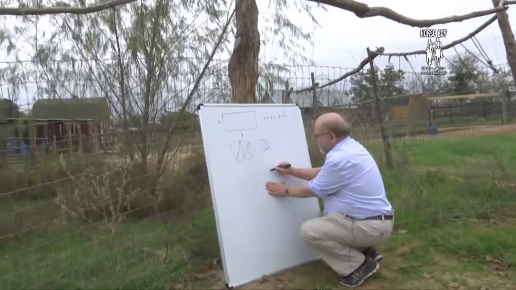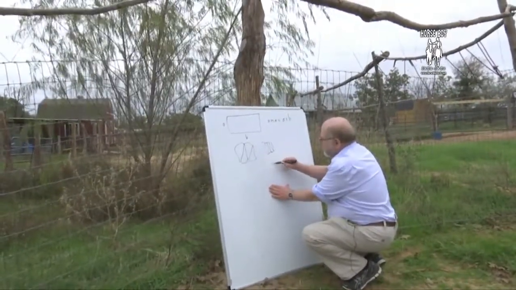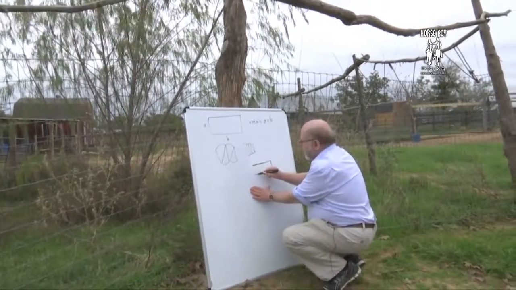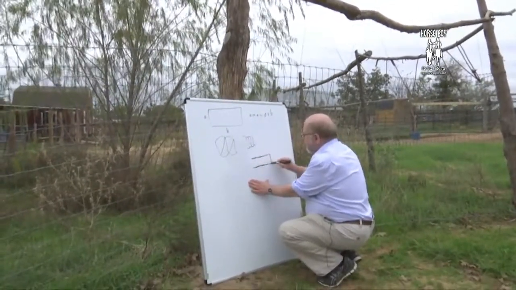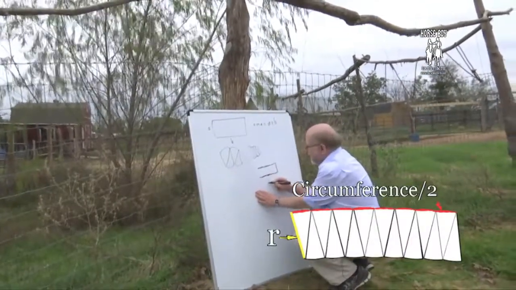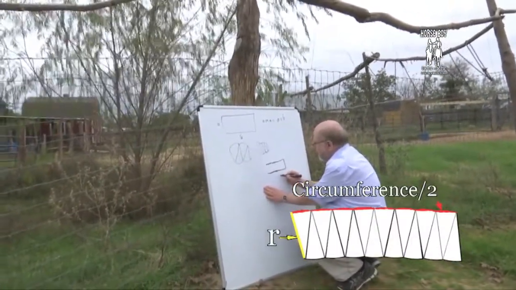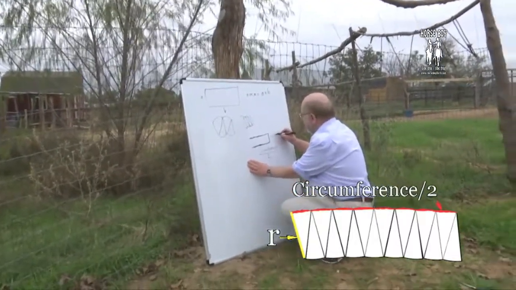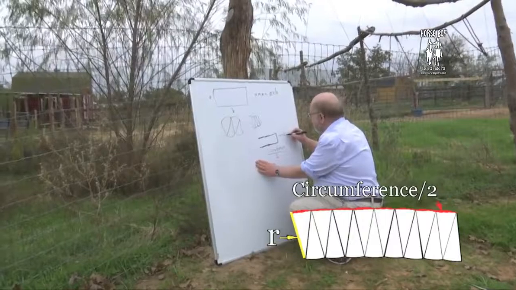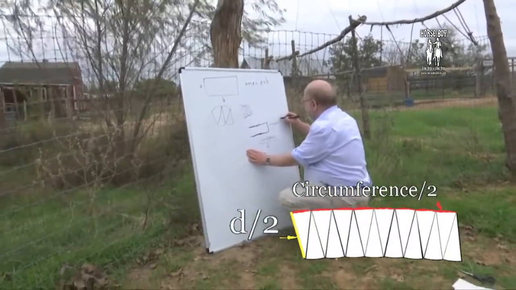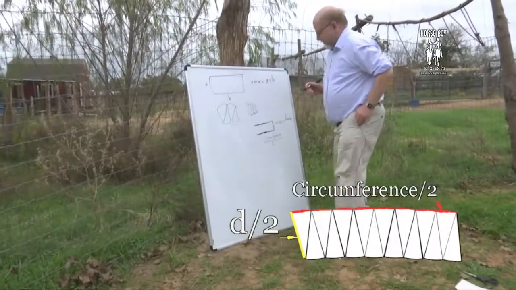Just a short explanation. You have now a rectangle. The very thick line that was our circumference has been cut in half. So this side is circumference halved. This side here was the radius, and the radius, as we recall, is half of the diameter.